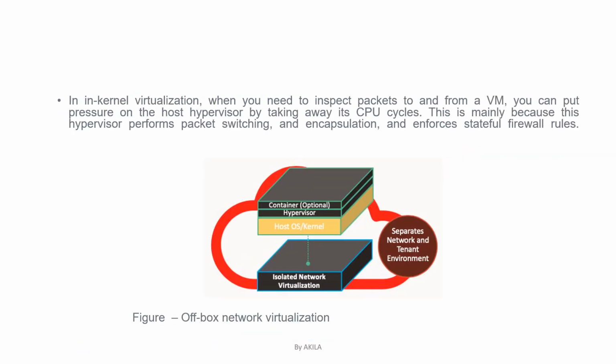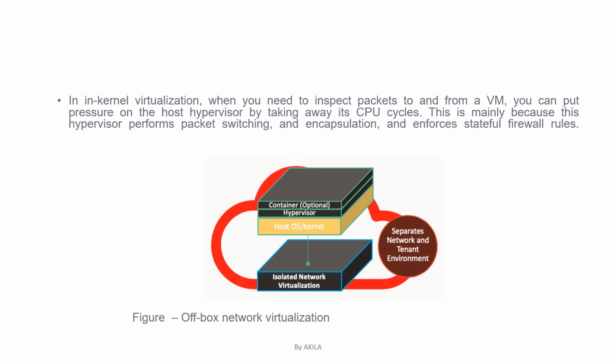In in-kernel virtualization, when you need to inspect packets to and fro from the VM, you can put pressure on the host hypervisor by taking away its CPU cycles. So CPU cycles are still used in in-kernel virtualization. This is mainly because the hypervisor performs packet switching and encapsulation and enforces the stateful firewall rules.